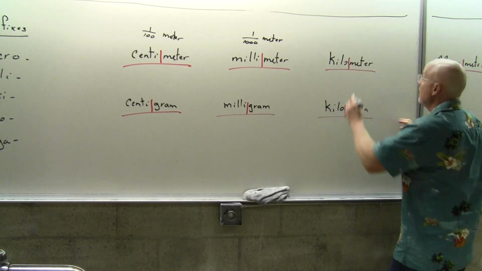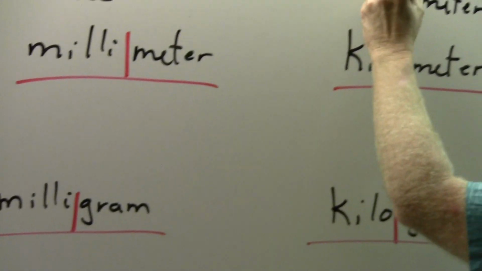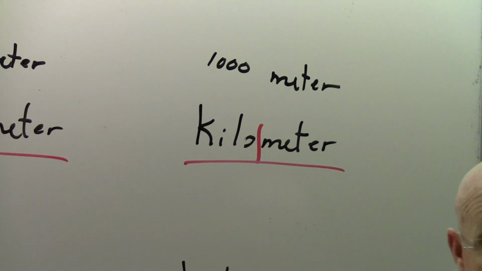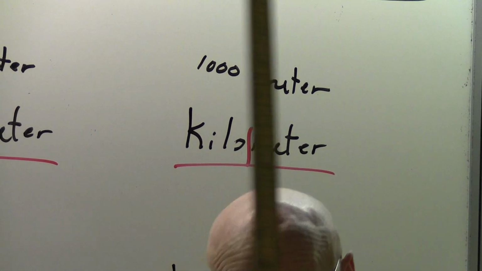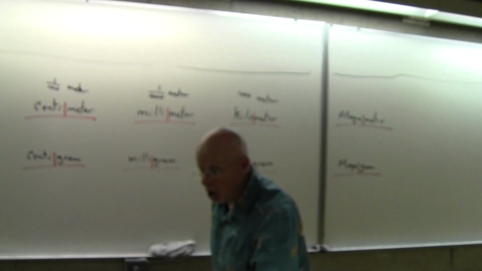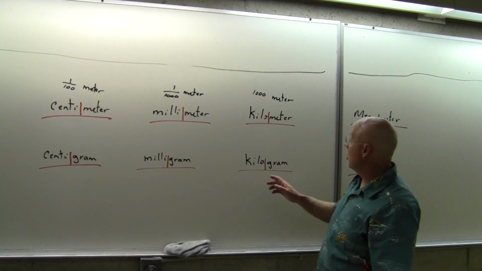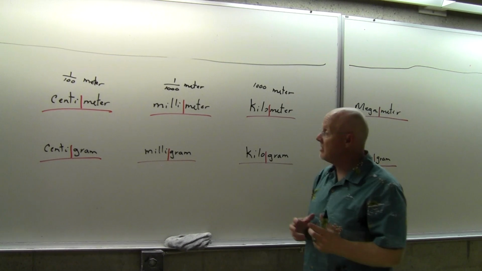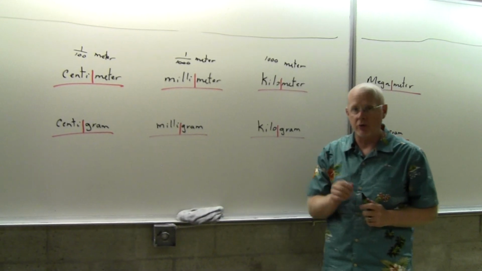And then this one here also measures length, and it measures a pretty good size length because it's a kilo, and kilo means 1,000, so there's 1,000 of these guys. And so that's a long length. And so I have an idea what these are, even if I've never seen them before. But again, I know you have, but I want to make sure you see it.